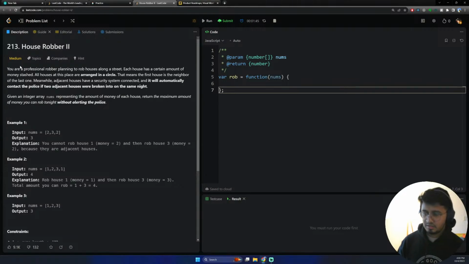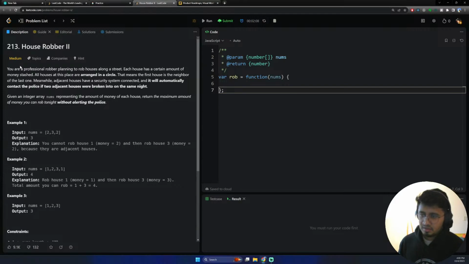Okay, so the thing is, if we rob the first house, we cannot rob the last house, and if we rob the last house, we cannot rob the first house. That's for sure.